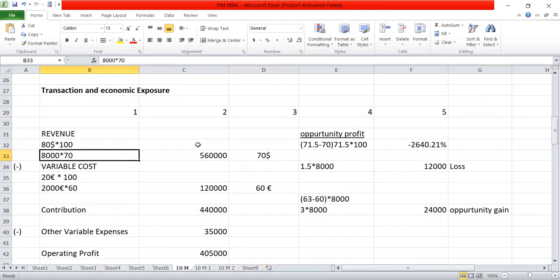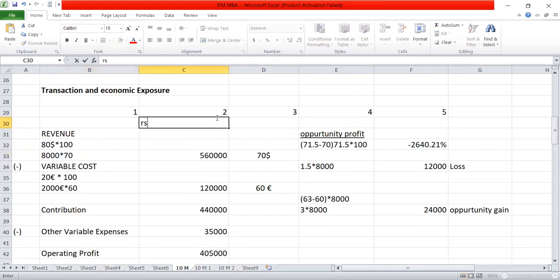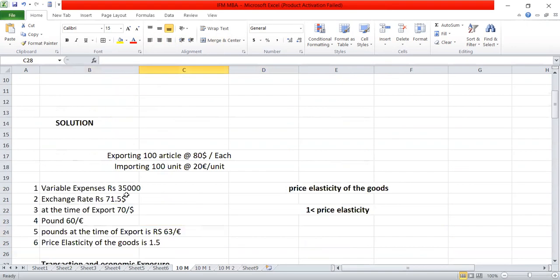But we have to convert it into rupees. For the exchange rate, at the time of export we have to take 70 per dollar.